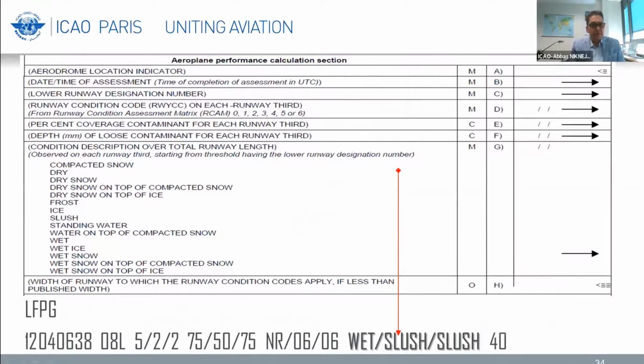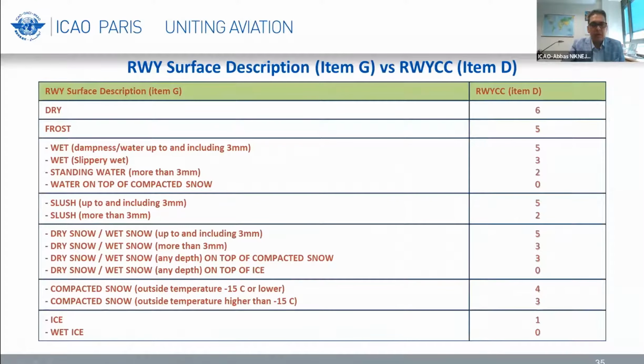Item G is description of the condition or contaminant. This is very interesting. So I'm providing here a table in the other way. I've listed types of contaminants, and then they correspond to which runway condition code. So on the top you can see runway could be dry, and then runway condition code is 6.